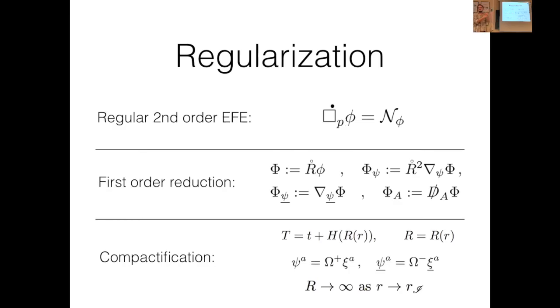So the second derivatives that you had are now first derivatives of the reduction variables that you defined, and you treat these as variables in their own right, which you then want to evolve.